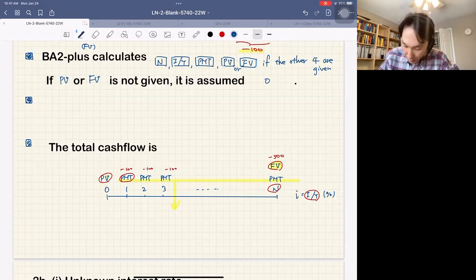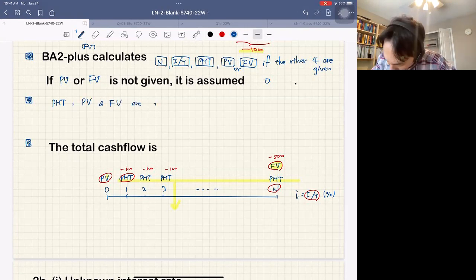I would say that the payment, the PV and the FV are all cash flows.